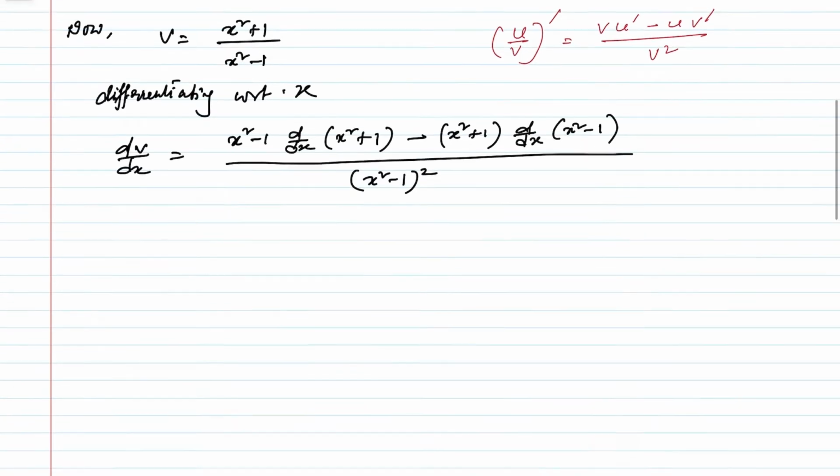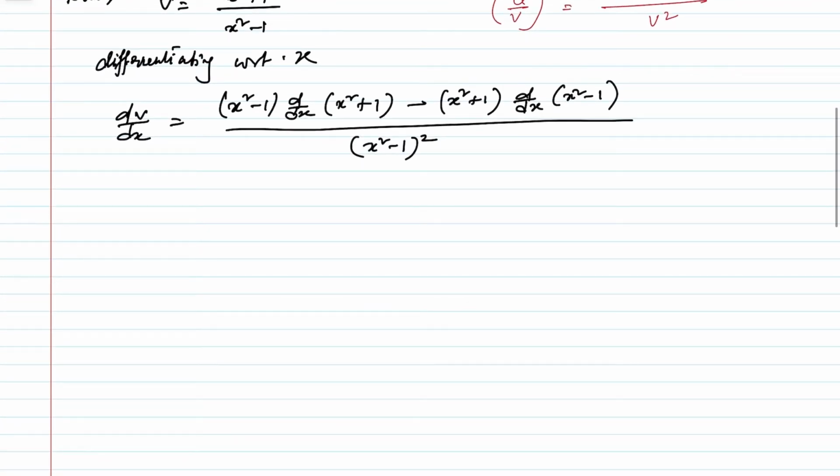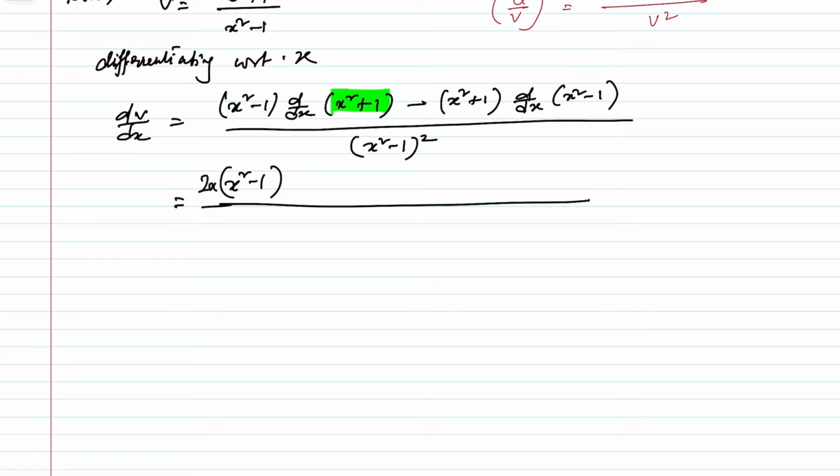So now let me differentiate. So here x square minus 1, and derivative of x square plus 1 will be twice x. So here we can write twice x, then minus x square plus 1, derivative of x square minus 1 is again twice x. So x square minus 1 whole square.